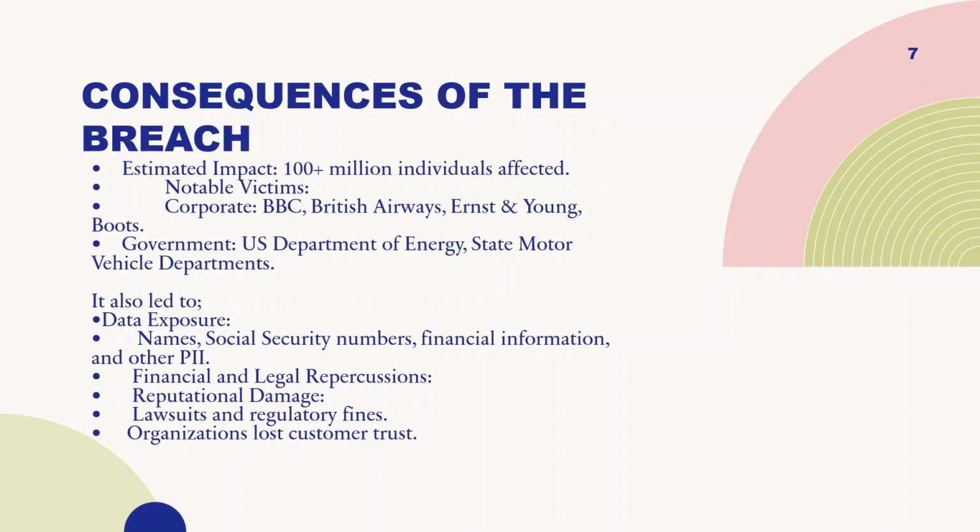The effect was the exposure of sensitive data, for example names, social security numbers, financial information, and other PII. There were also financial and legal repercussions: reputational damage, lawsuits, and regulatory fines. Organizations lost customer trust as people's data was leaked.